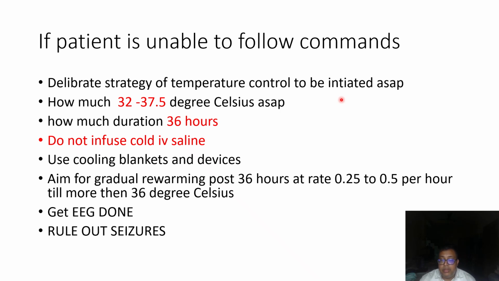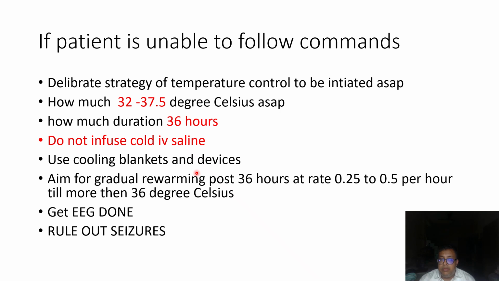So what temperature has to be targeted? It has to be between 32 to 37.5 degrees Celsius. For how long? Around 36 hours. Do not infuse cold IV saline to achieve hypothermia. Use cooling blankets or devices for achieving this hypothermia.